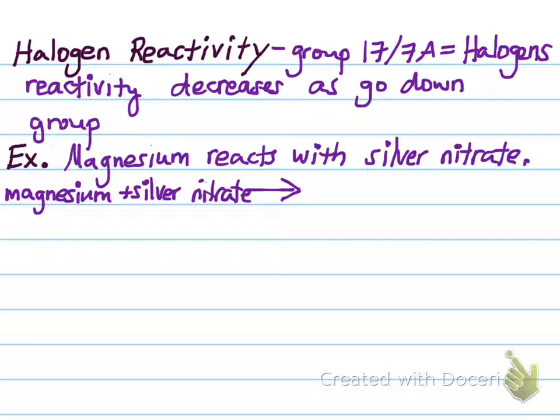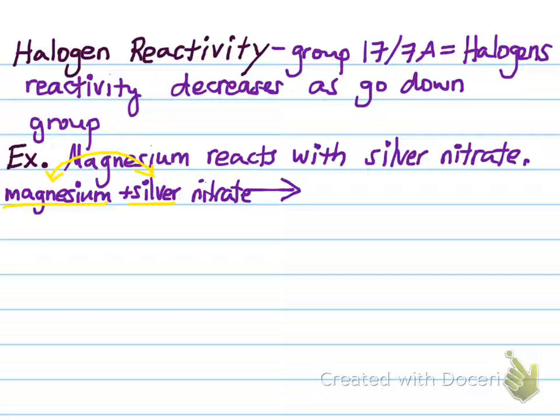So we want to look at magnesium here and say, what kind of element is magnesium? Well, it's a metal. So it's going to take the place of the metal in the compound silver nitrate. Which one of those is the metal? Silver. So these are the two that are swapping.